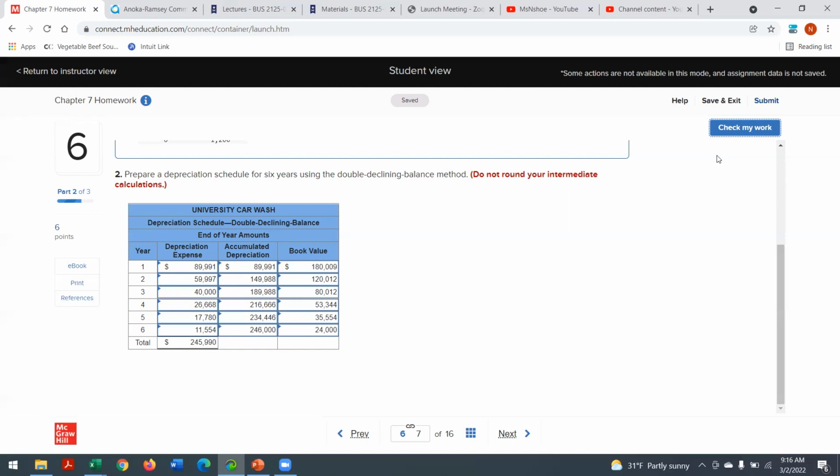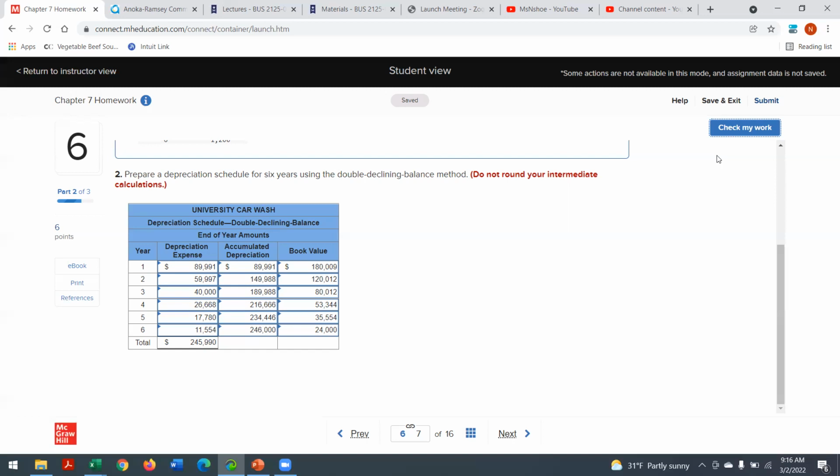The reason you need to be aware of the residual value is you cannot depreciate below the residual value. But unlike straight line, we don't worry about the residual value when we initially calculate how we're going to depreciate.